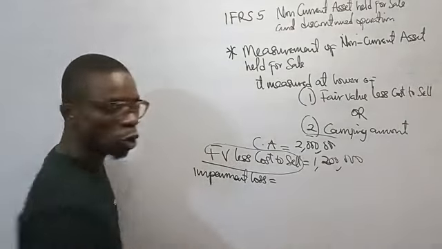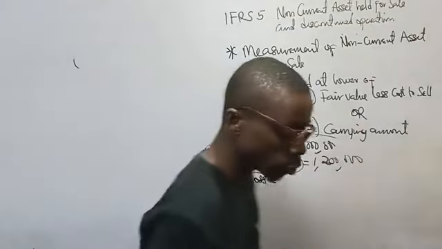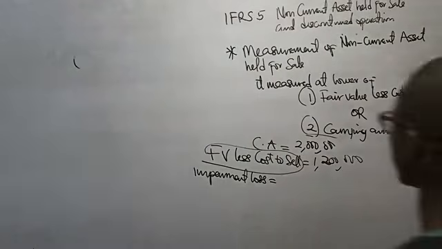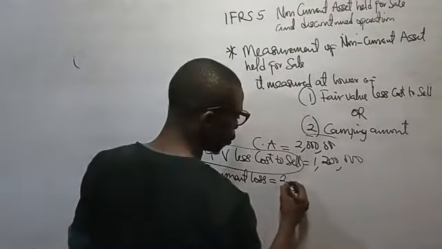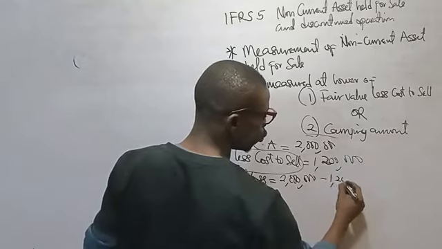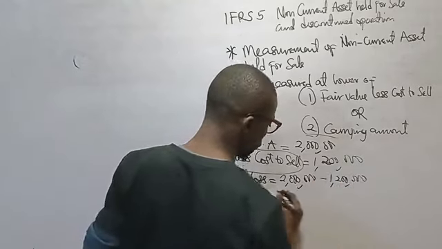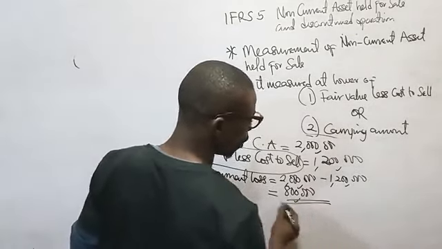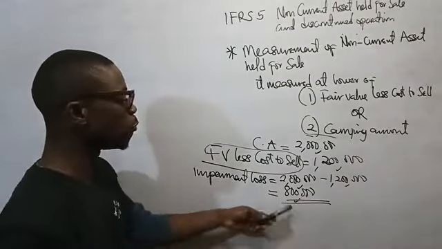The impairment loss will be the difference between the carrying amount and the fair value less cost of sales. So that will be 2 million minus 1.2 million. That will give us 800,000. That means this 800,000 will be taken to the statement of profit or loss.